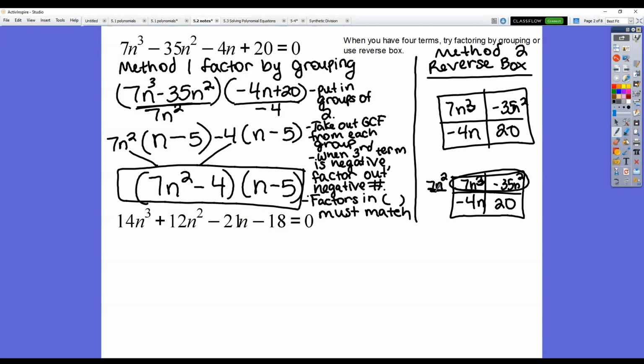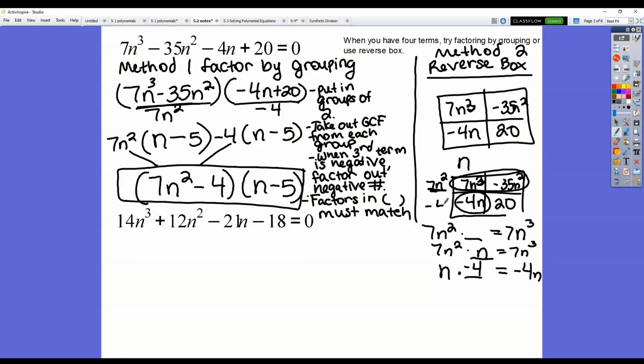Well then, 7n squared times what would give you 7n cubed? Well, that would be n. So n goes here. Then n times what would give you negative 4n? We're looking at this box. Well, that would have to be negative 4. So negative 4 goes here.